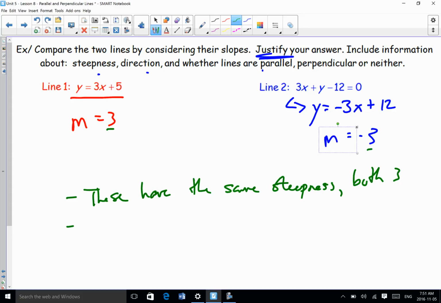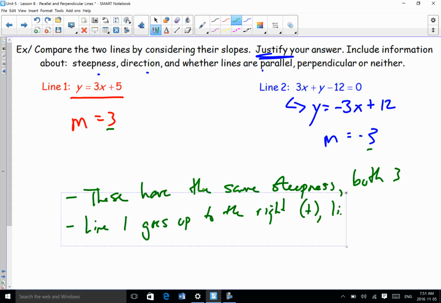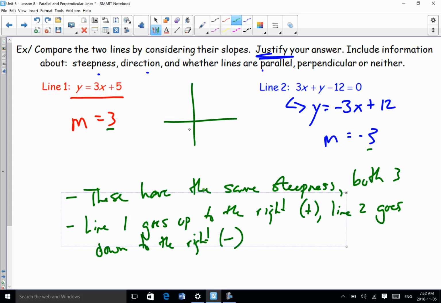One of them, line 1, goes up to the right. It's a positive slope. Line 2 goes down to the right. It's a negative slope. Okay, so I was thinking about this. I'd have one that goes up 3, and I have one that goes exactly the same, down 3. They have the exact same steepness, they just go in different directions.